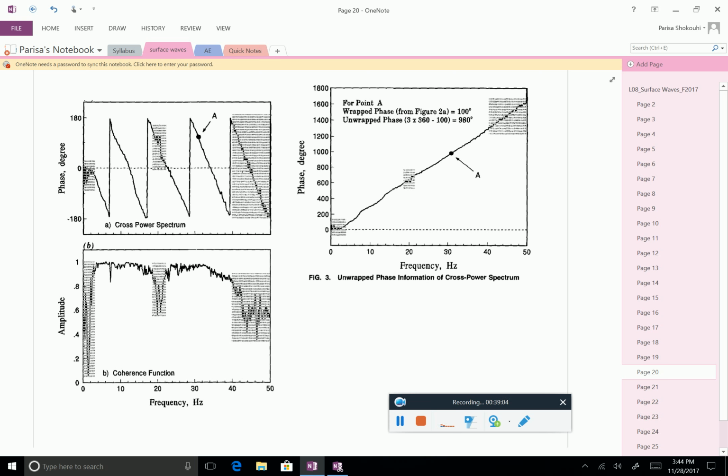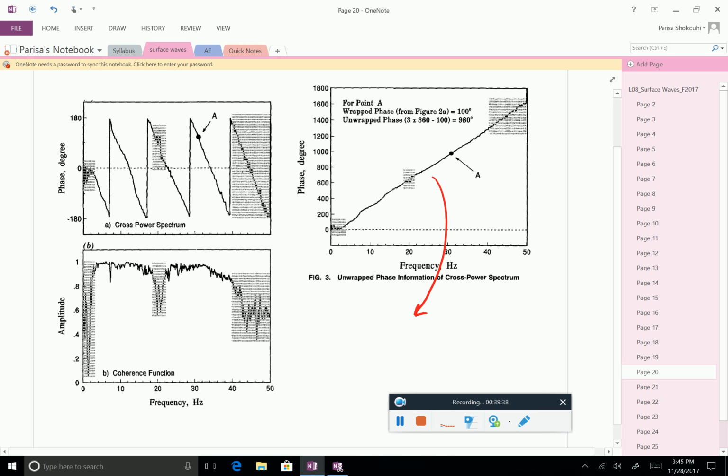we are looking at the phase of the cross power spectrum. So that's the difference in phase. And then this is the unwrapped version that you are familiar with because of that homework problem. So this point A, for example, if it is about 110, if you unwrap it, it comes to about 1,000, something like that. And then you have this unwrapped phase. All you have to do is to use this equation.